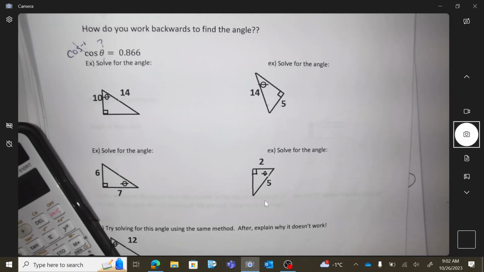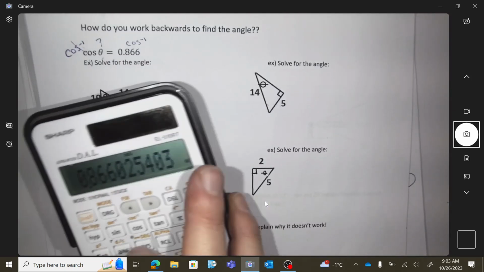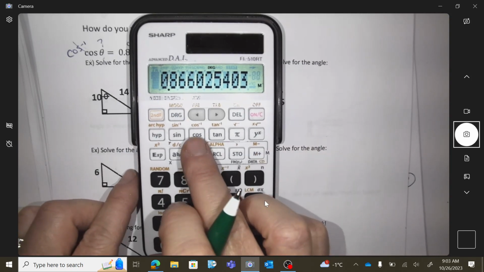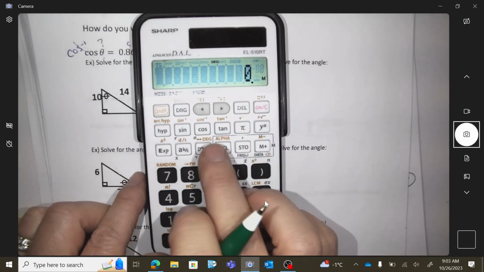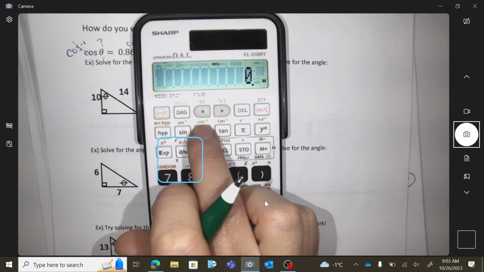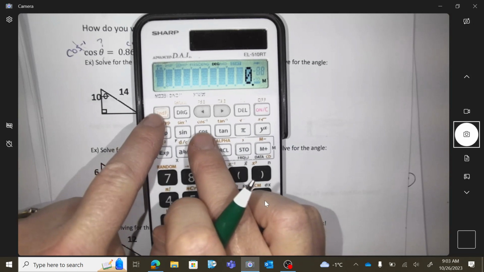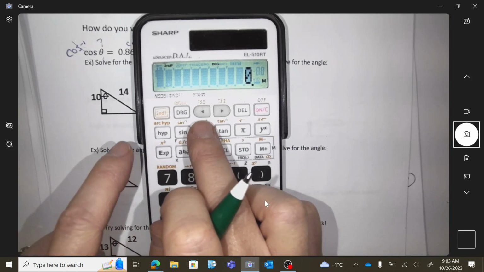But like candy to children, if you do something to one, what do you have to do to the other? So we also have to do it to that side. So what does that look like? Everybody should see over top of their cos button a cos with a little -1. To activate that on mine, I have to push the second function button first.